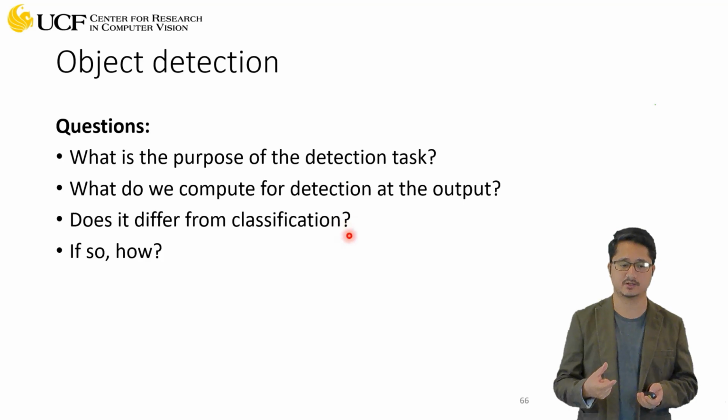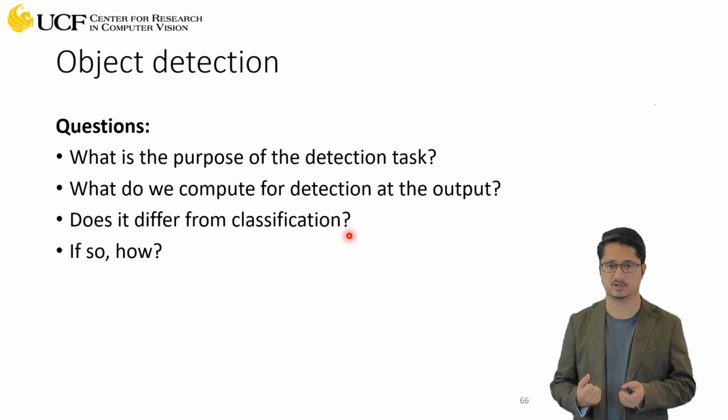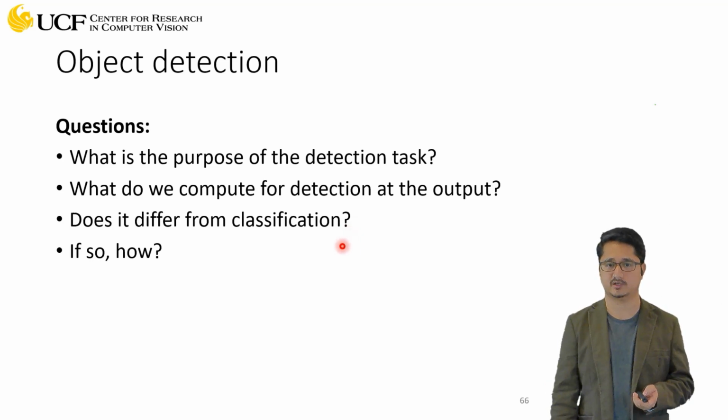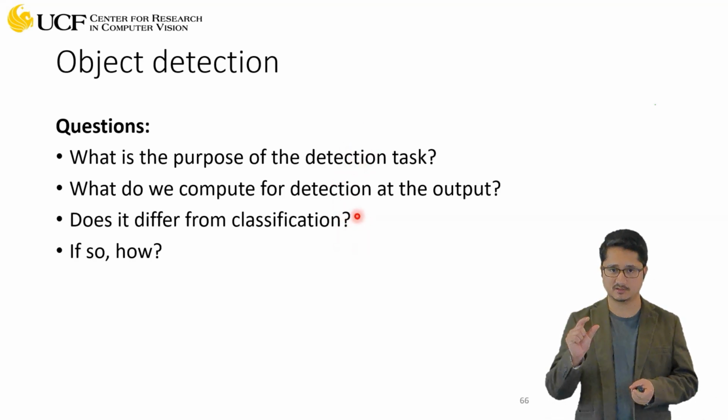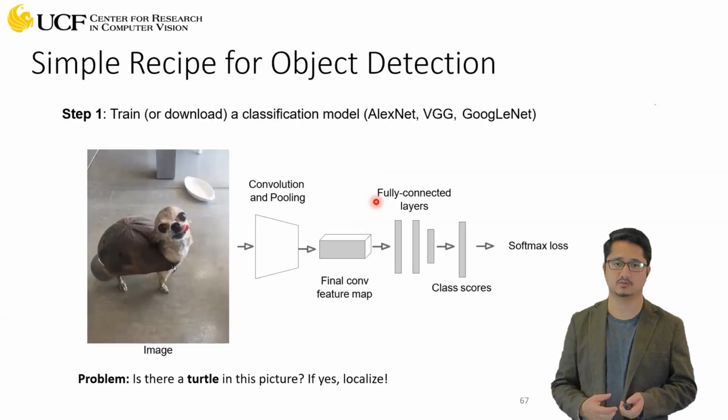Because we have to say which object is present. Without classification, we can't solve detection. So whatever classification was doing, we still have to do that. Now, in addition, since we also have to localize, we need some more predictions from the network, and those predictions could correspond to these detections. Okay, so let's try to understand how that can be done.